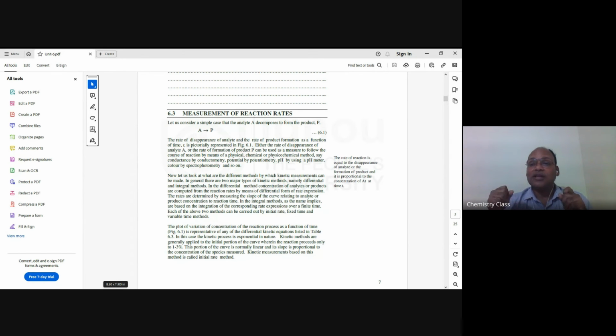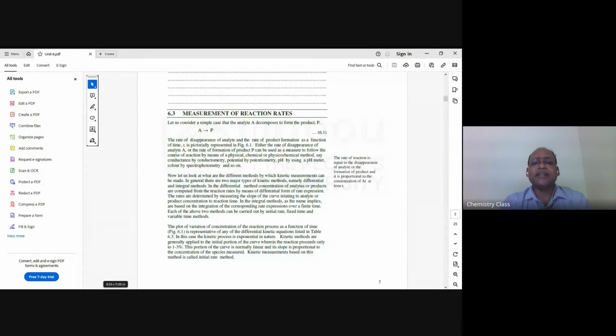How much does it increase? As much as A and B decrease. Suppose X amount of A decreases and X amount of product C is formed. That means X amount of A will decrease and X amount of B will decrease. We have to understand that.